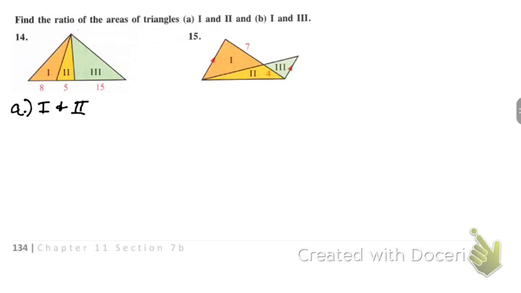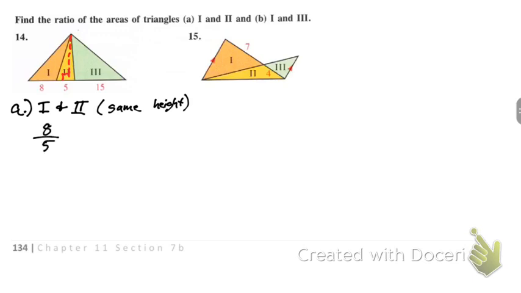Yep. Because if I draw a little red line coming down here, that actually works for all three triangles, doesn't it? So all three of them are the same height. So 1 and 2 have the same height, so we're going to compare the bases. The base of 1 is 8.